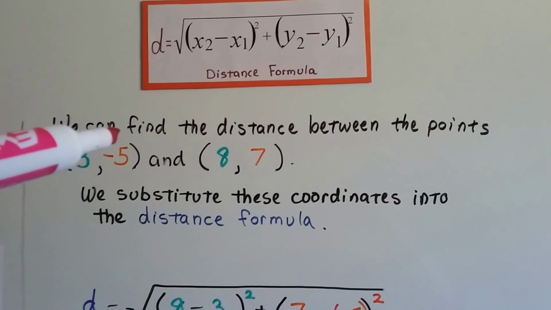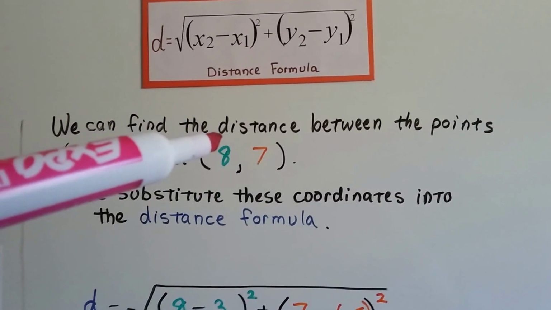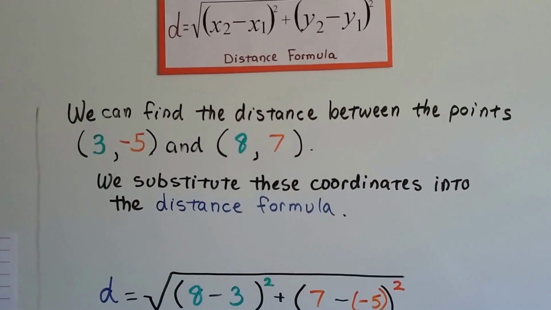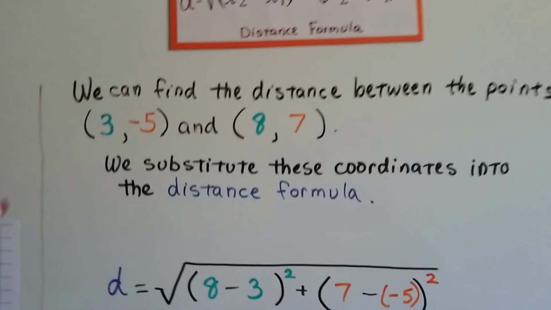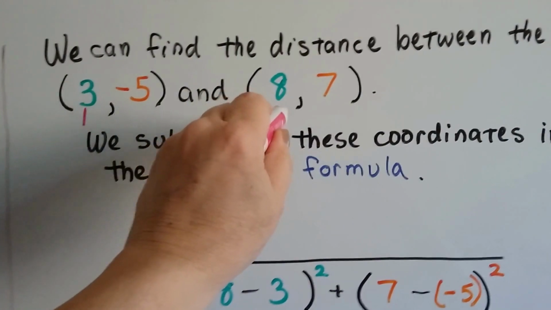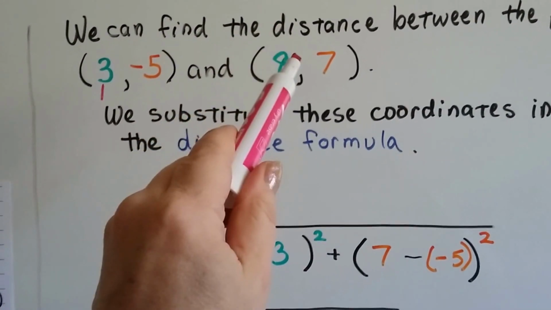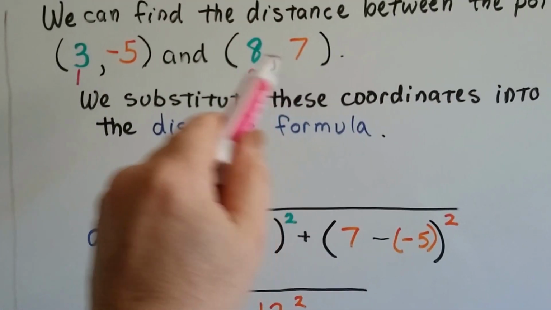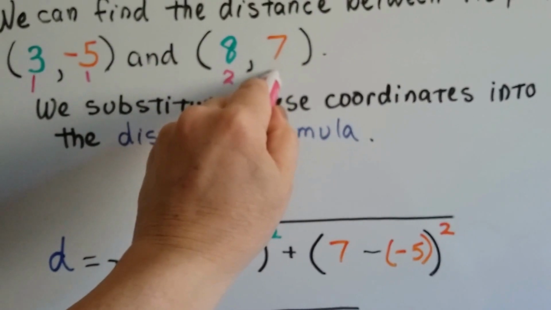All right, we can find the distance between the points. X is 3, y is a negative 5, and x is 8, y is a 7. So we substitute these coordinates into the distance formula. So this is our first x, isn't it? That's our second x. So we're going to do 8, take away 3, and it's squared. Here's our first y. Here's our second y.